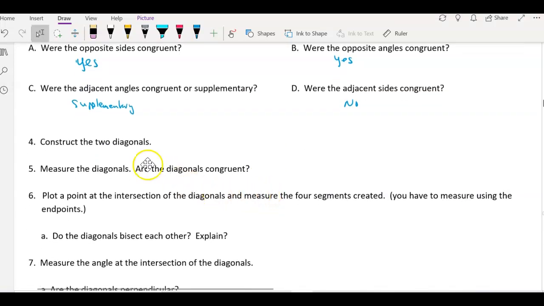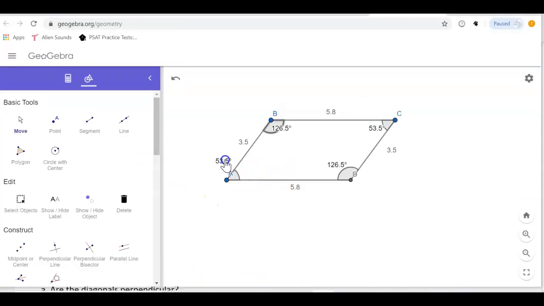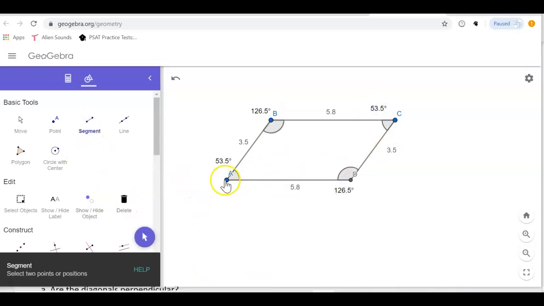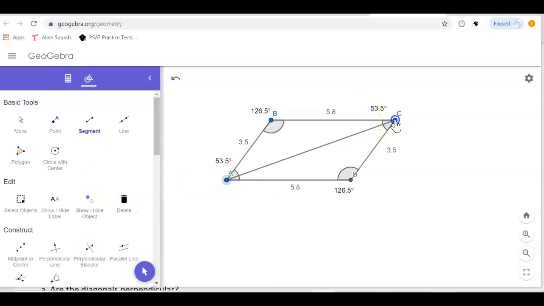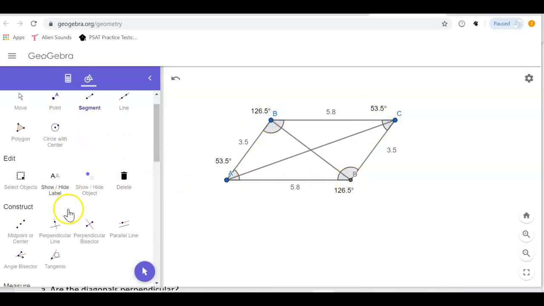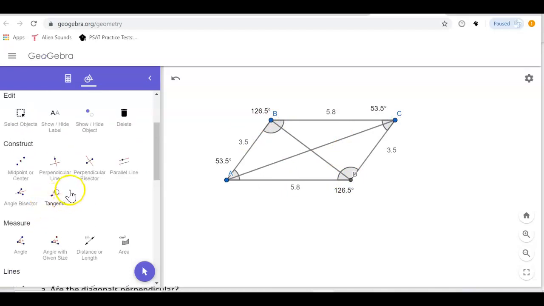So now what it wants us to do is construct the two diagonals. So I'm going to go here. I'm actually going to pull these measures out so it's cleaner to look at inside. And I'm going to construct one diagonal here, and I'm going to construct the other diagonal here. Then I'm going to go ahead and measure this diagonal.